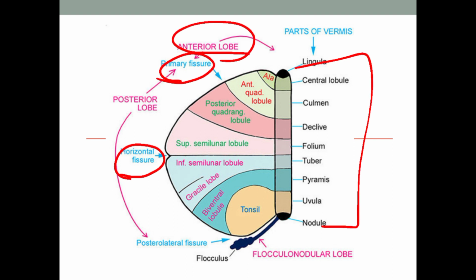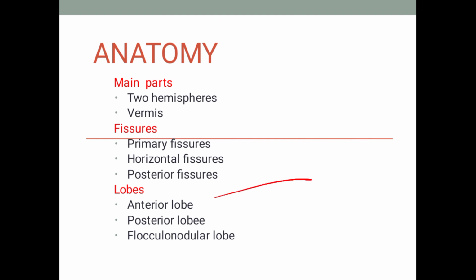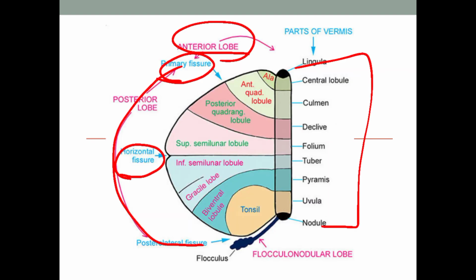Below it, up to the posterolateral fissure, is called the posterior lobe, and below that, you see a lobe called the flocculonodular lobe. Now I will be telling the names of the vermis and the hemisphere parts.